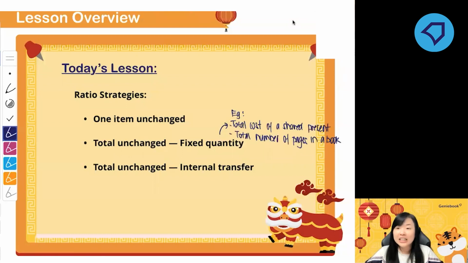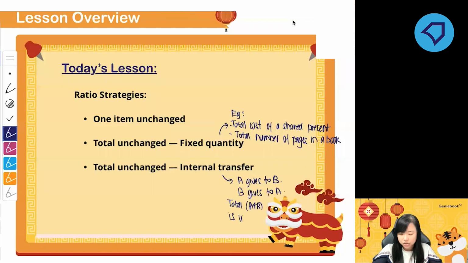And for internal transfer, there are two of them. A gives to B, B then gives to A again. So the total within the two of them will not change. For example, A gives to B and B gives back to A. The total, which is A plus B, is unchanged. So these are the scenarios that we are looking at.